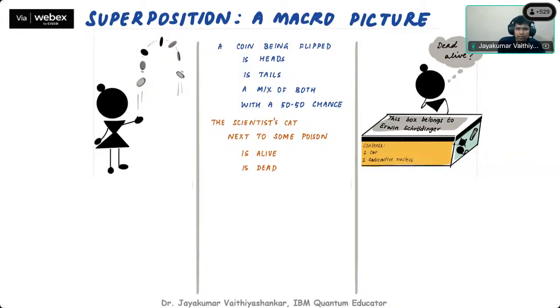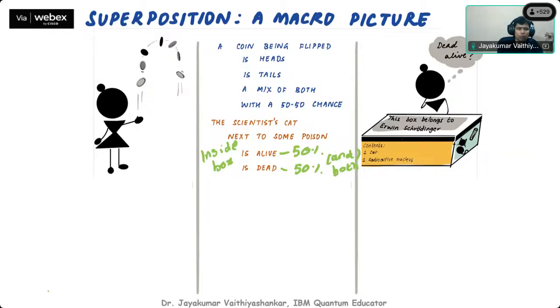So inside the box, the cat is alive 50% and dead 50%. It is the condition of "and", or you can say both. A cat can be alive with 50% chance, and dead with 50% chance.